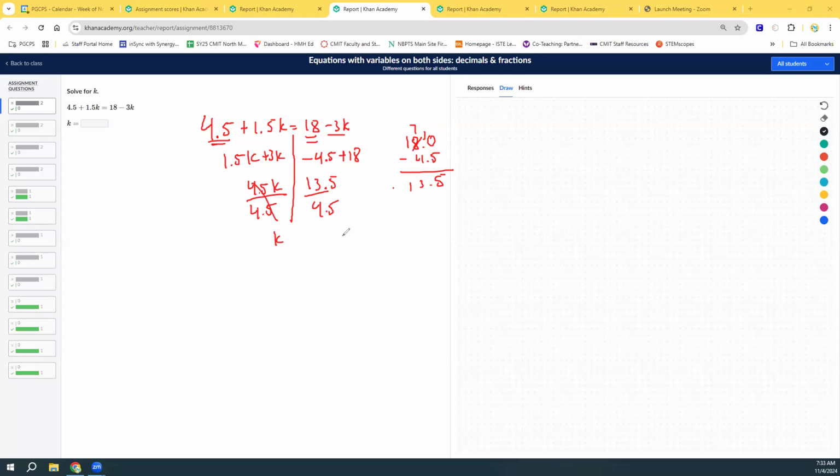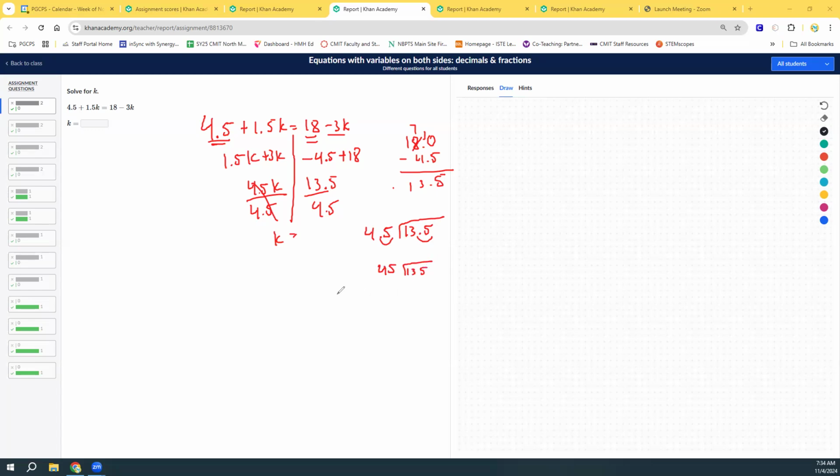This is where I would just use a calculator. But because I'm doing it on the video, I am not going to use a calculator. I'll put the denominator on the outside and the numerator on the inside. And then you can move the decimal place over one space in both directions.